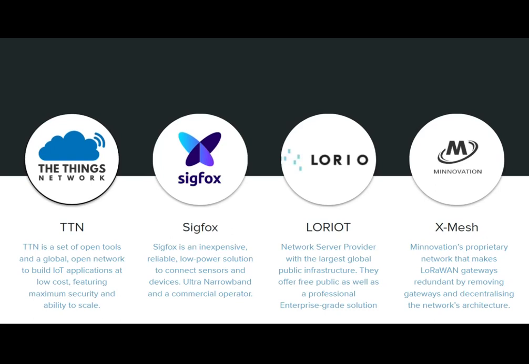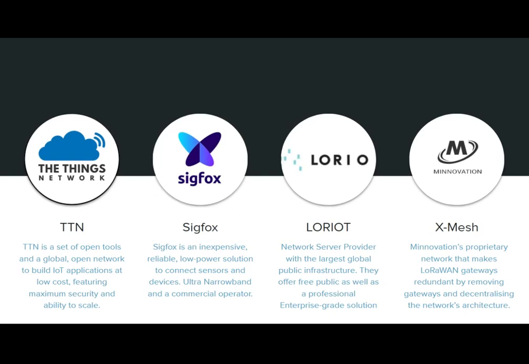It is ultra narrowband and a commercial operator. LoRaWAN is a network service provider with the largest global public infrastructure. They offer free public as well as a professional integrated solution. And XMesh is Minnovation's proprietary network that makes LoRaWAN gateways redundant by removing gateways and decentralizing the network's architecture.